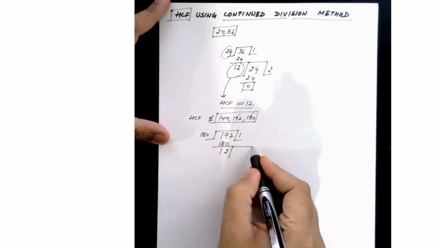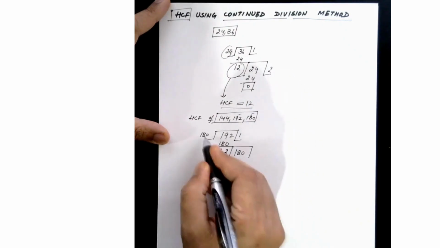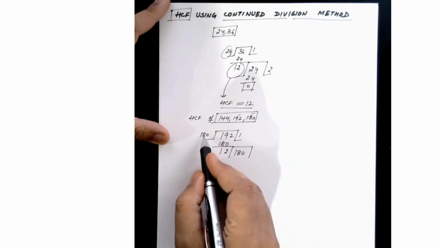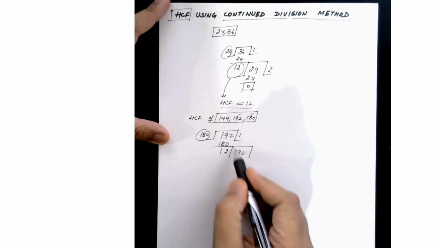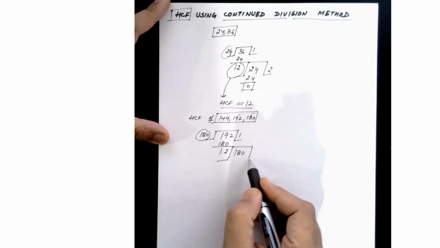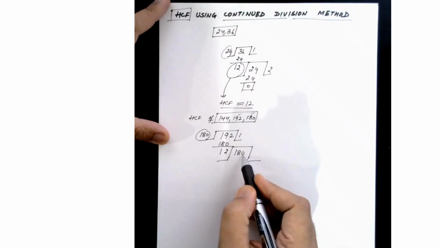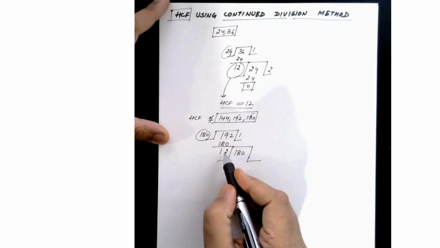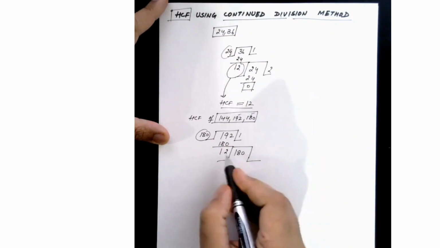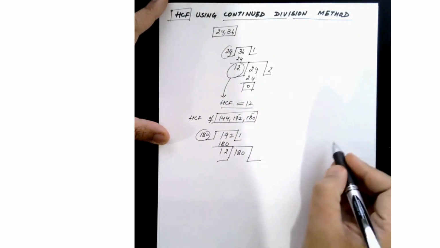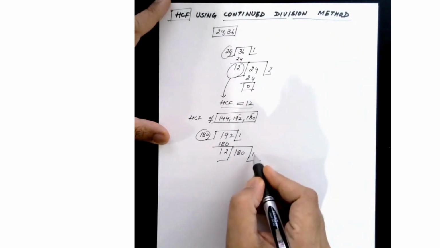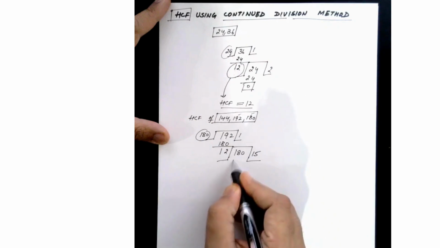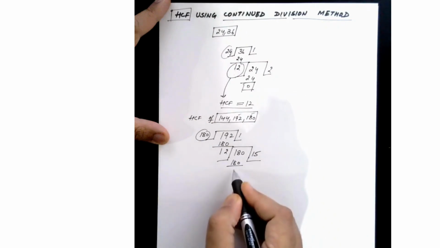And we bring 180 inside, because the smaller number becomes the number inside the bracket to be divided by the remainder. So now we see, if we multiply 15 by 12, we get 0 balance.